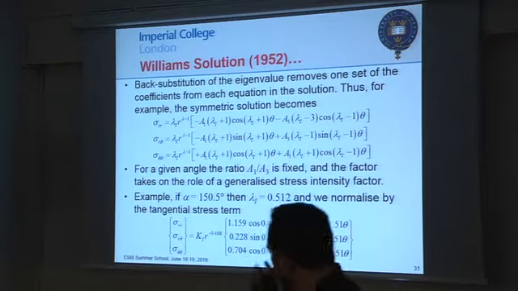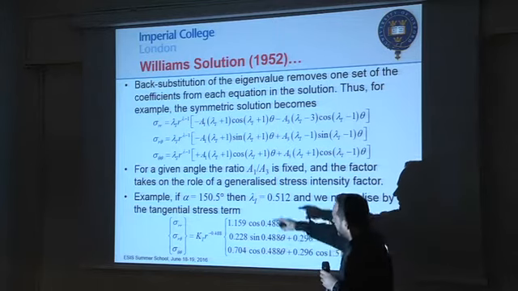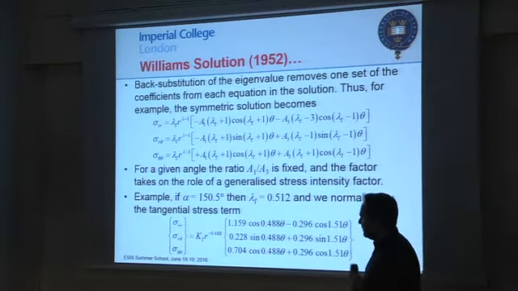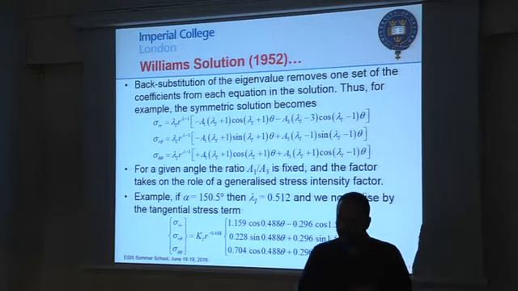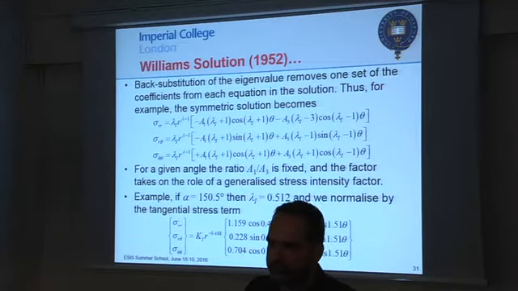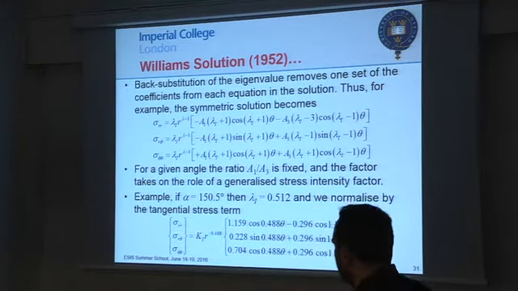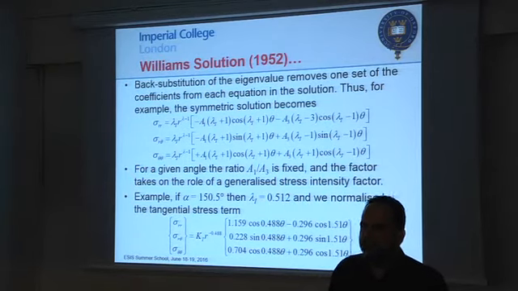So for example, alpha equal 150 degrees, lambda 1 is 0.512, you just plug everything in, you get the full solution. That's how you derive a solution for a notch stress field in mode 1.